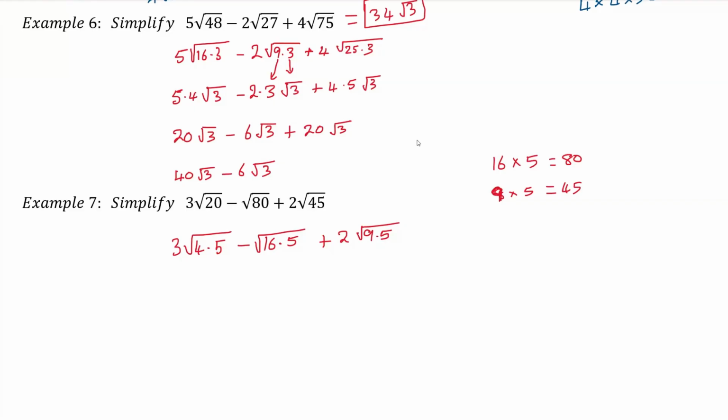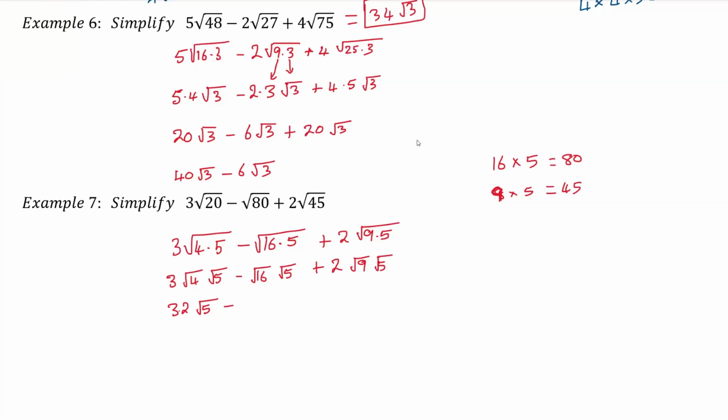All right, so now we can separate it. This is 3 square root of 4 times the square root of 5 minus the square root of 16 times the square root of 5 plus 2 times the square root of 9 times the square root of 5. The square root of 4 is 2. We cannot take the square root of 5, so we leave it.